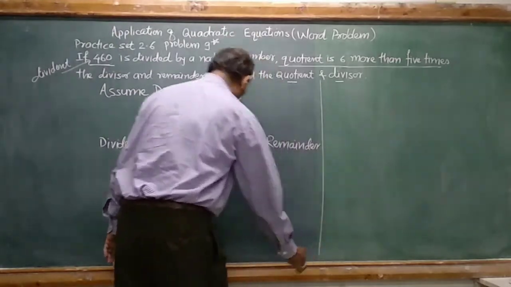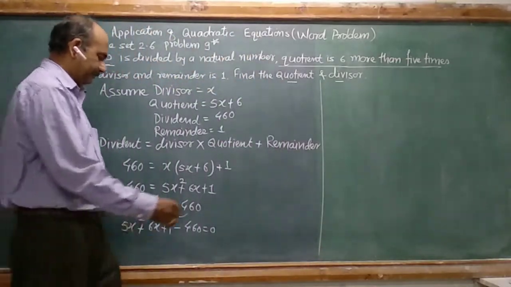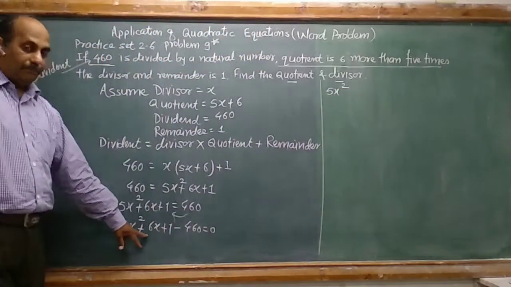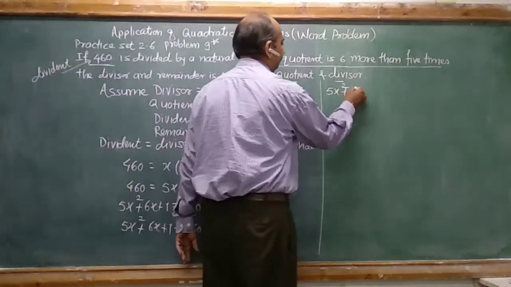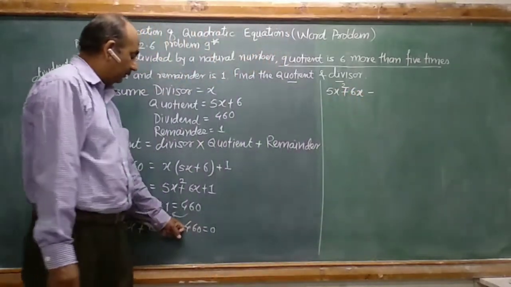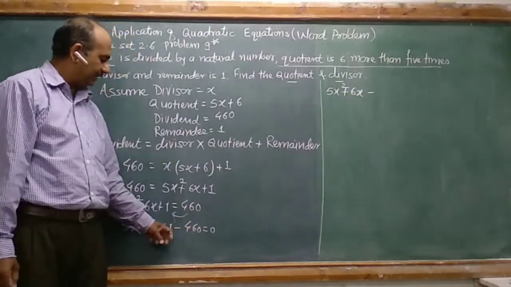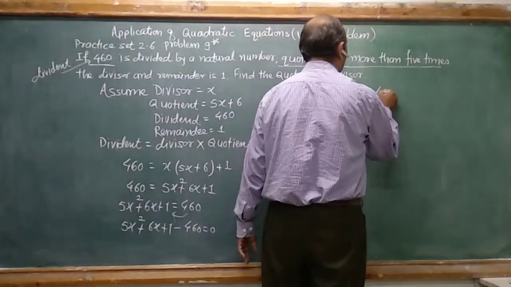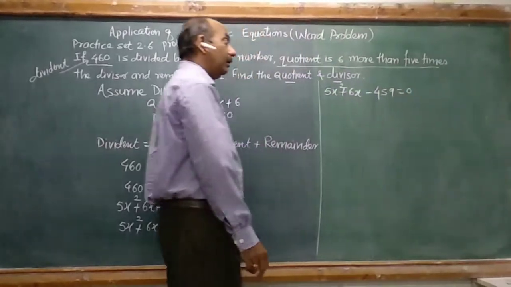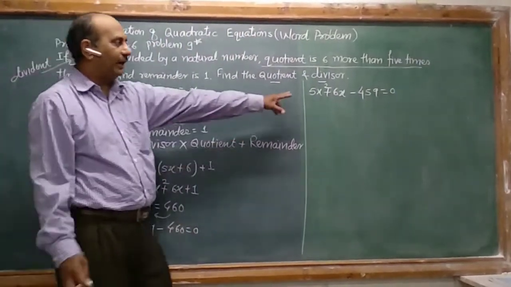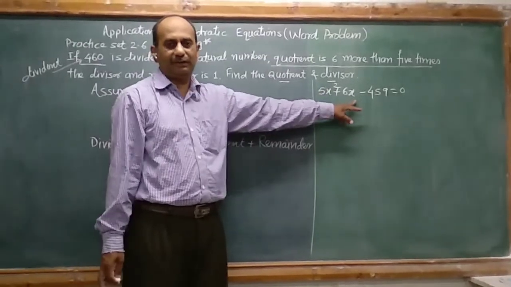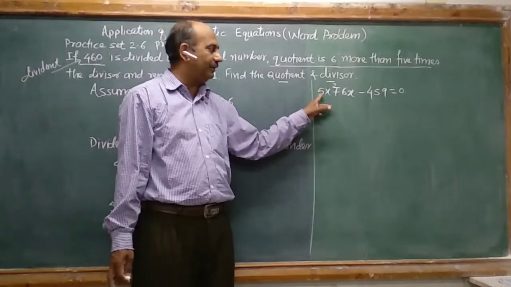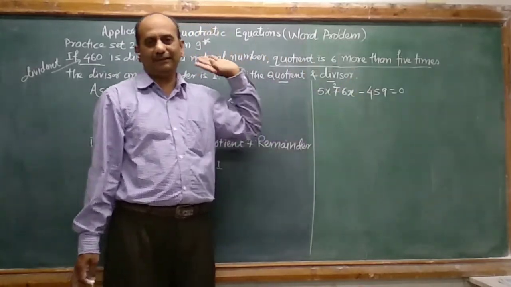Now solve this one. So 5x square plus 6x, here minus 460 plus 1, it means minus 459. Now see here, you cannot divide by 5 in the given equation, so you have to multiply this 5 with 459.